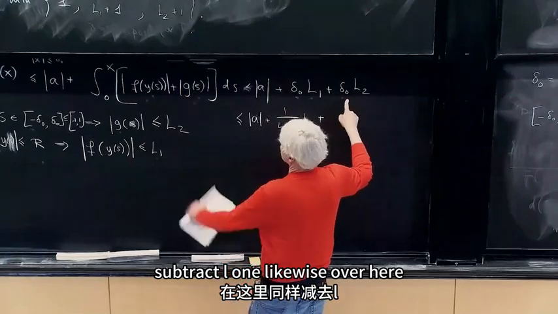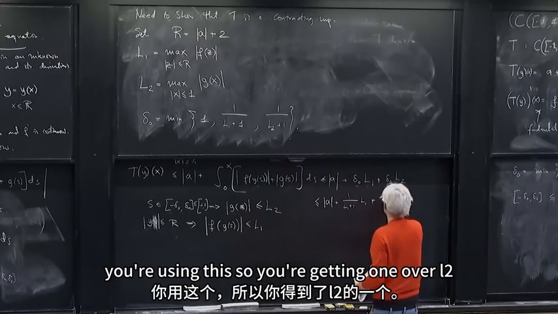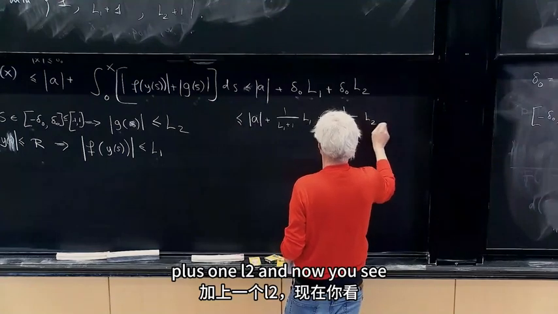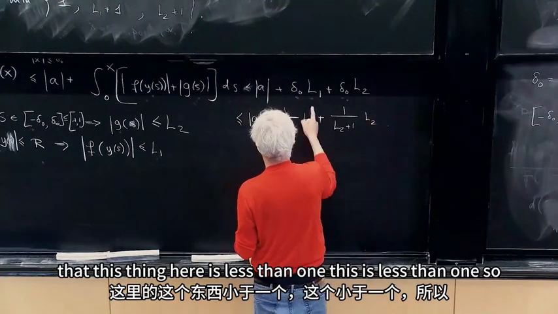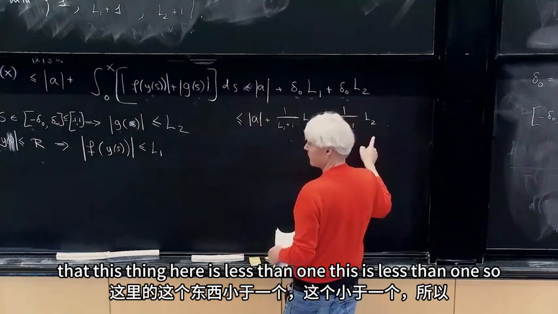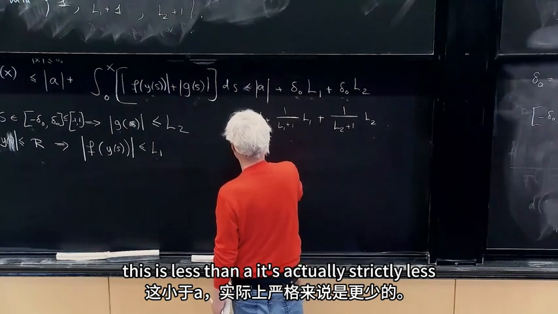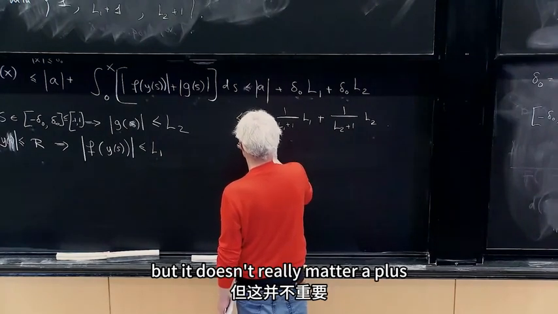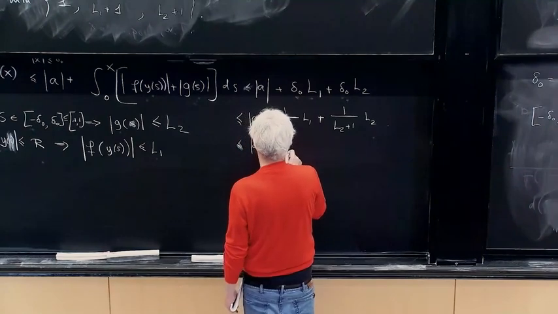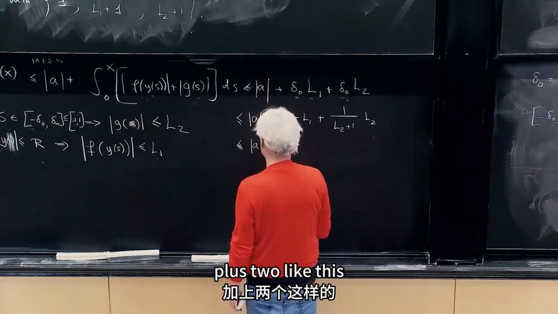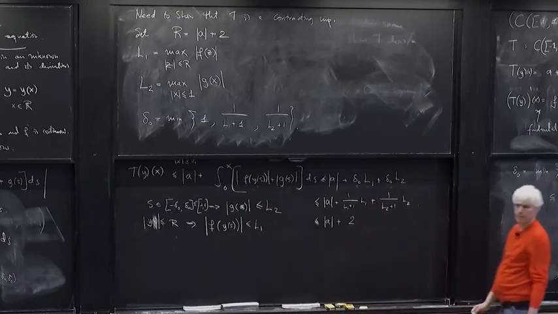Likewise over here, you're getting 1 over L2 plus 1 times L2. And now you see that each of these is less than 1. So this is less than |a| plus 2. It's actually strictly less, but it doesn't really matter.